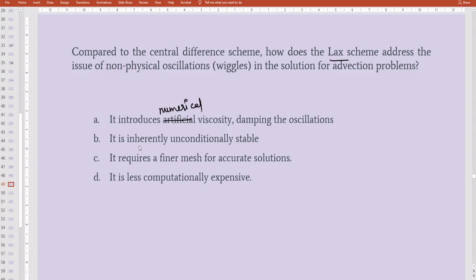Option B, it is inherently unconditionally stable. Option C, it requires a finer mesh for accurate solutions. Option D, it is less computationally expensive. So you can try to answer that.